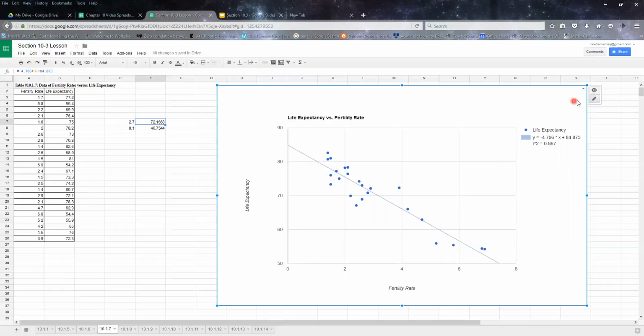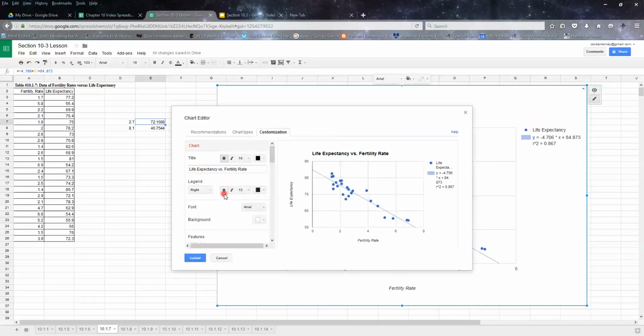So what I'm going to do is tweak my graph a little bit. Advanced edit. And I'm going to come down to here we go. Not fertility rate, I want life expectancy.